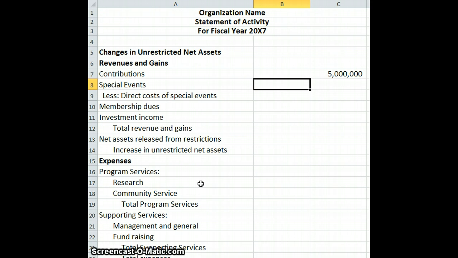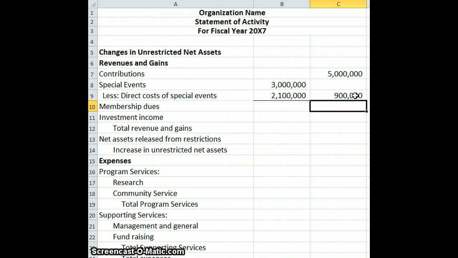We had $3 million of special event revenues, but then we're going to net that with our expenses for the direct costs of having that special event, which were $2,100,000. This gives us a net amount of $900,000 that we raised from that particular event.